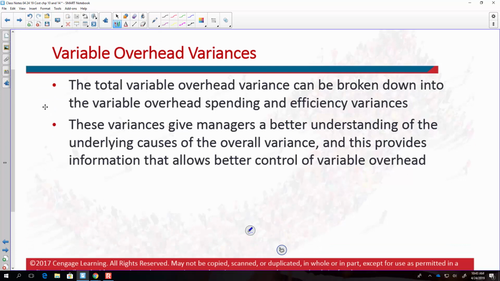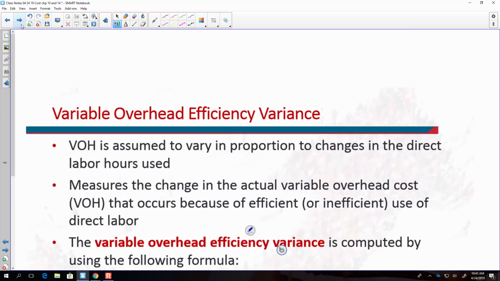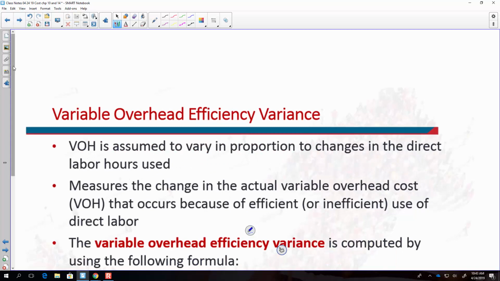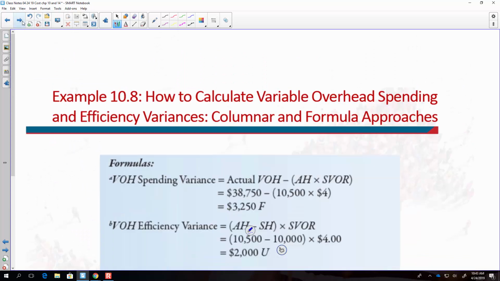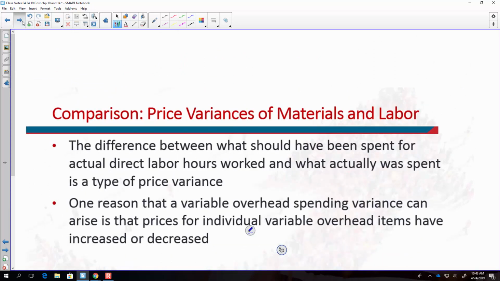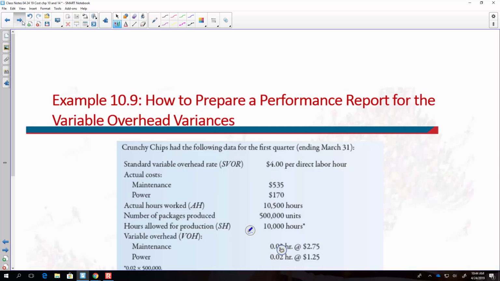And again, like we did with materials and labor, we're going to break it down into our spending and efficiency amounts and find out who is responsible for those amounts. In most cases, it's going to be production. So let's just try to do one of these problems. And we'll come back to who's responsible.